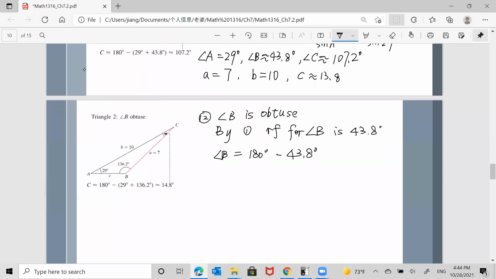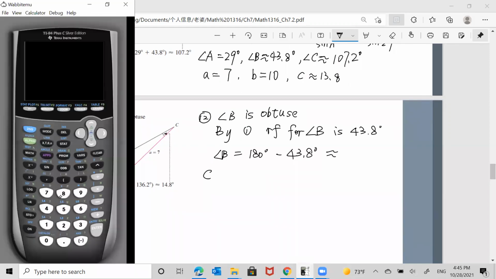If we have the angle B, and we know the length of B, and we know the A, so we can find the C and the length of C. That means the C equals, oh, why I didn't put the value here.